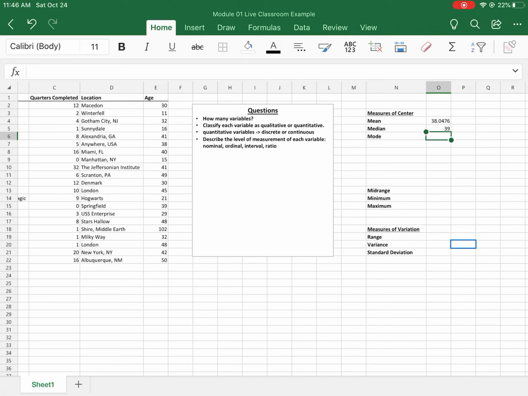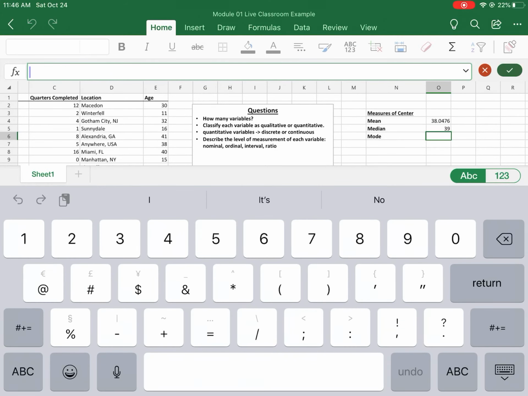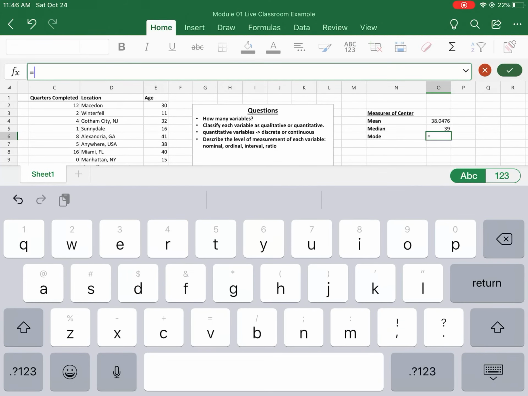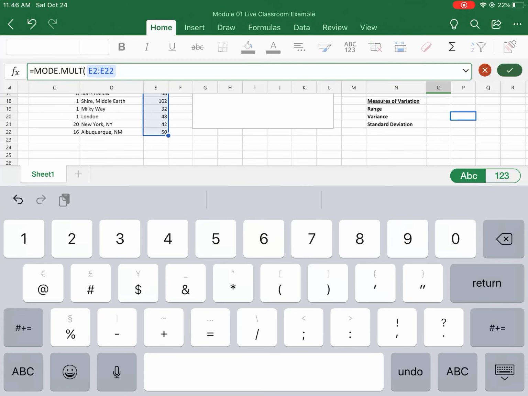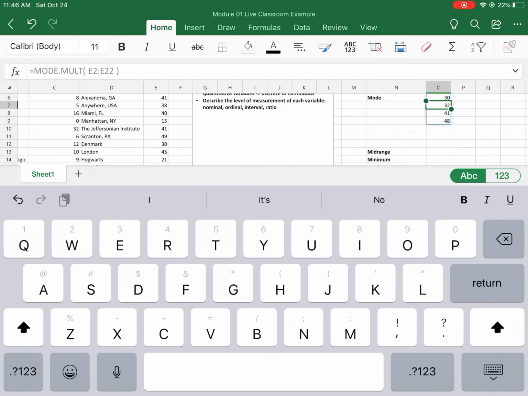Now we're going to talk about the mode. So here we go. We have equals MODE.MULT. Again, I'm going from E2 to there. Enter.